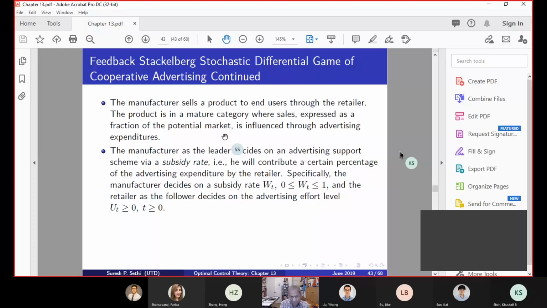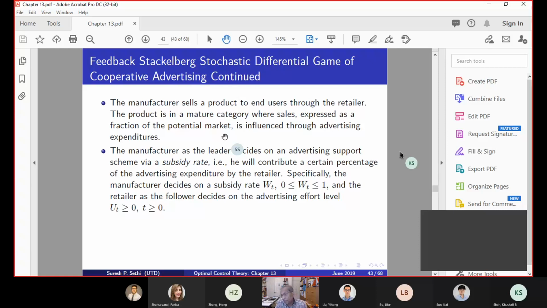The idea is that retailers are close to the market, so they know what and where to advertise. But if they don't advertise enough, then they lose the sale and the manufacturer loses the sale. So the question is, is it possible for the manufacturer to say to the retailer, hey, I will pay part of your advertising? If you pay $100, I will pay 10% of that. So 10% is the subsidy. Or if you use this amount, I will pay 50% of it. So 50% is the subsidy.